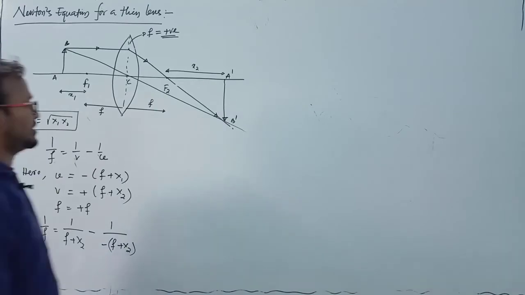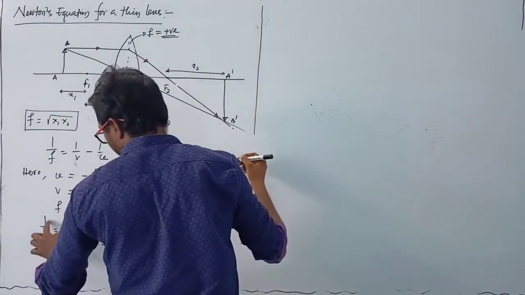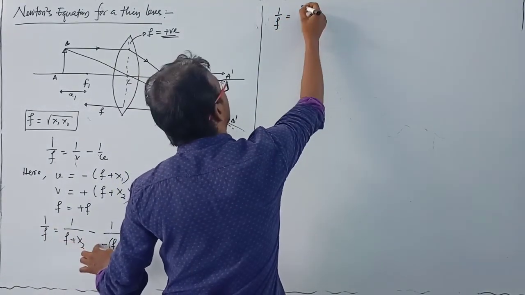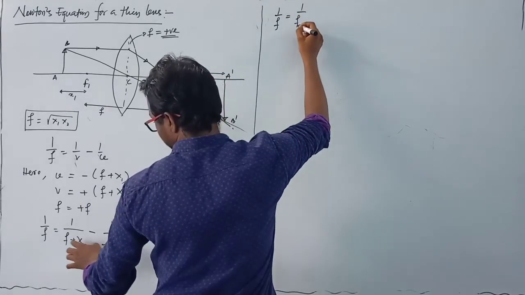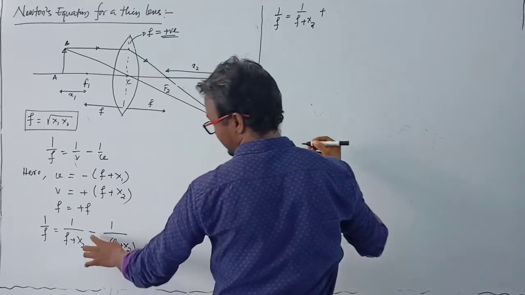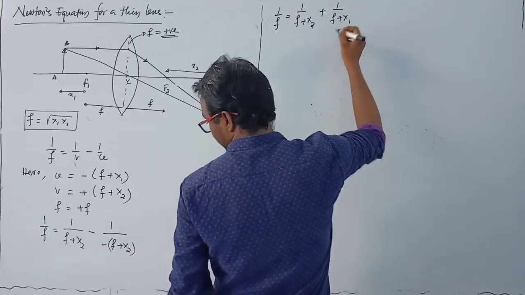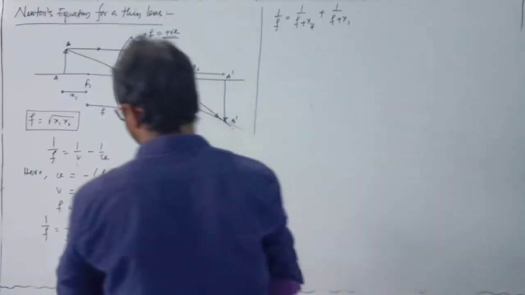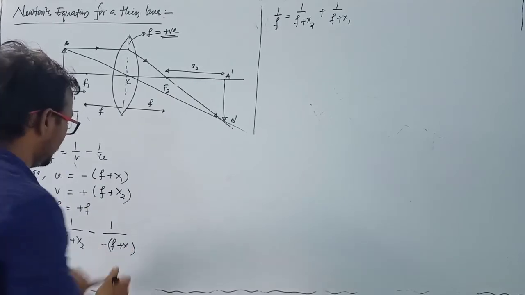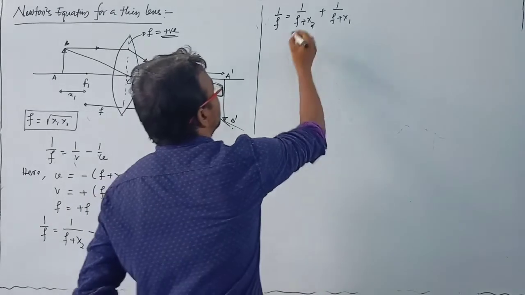Now solve this relation, and we can write 1 by f equals 1 by f plus x2, plus, since minus minus is plus, 1 by f plus x1. Sorry, this is object distance x1, so this distance is x1 here. Clear?